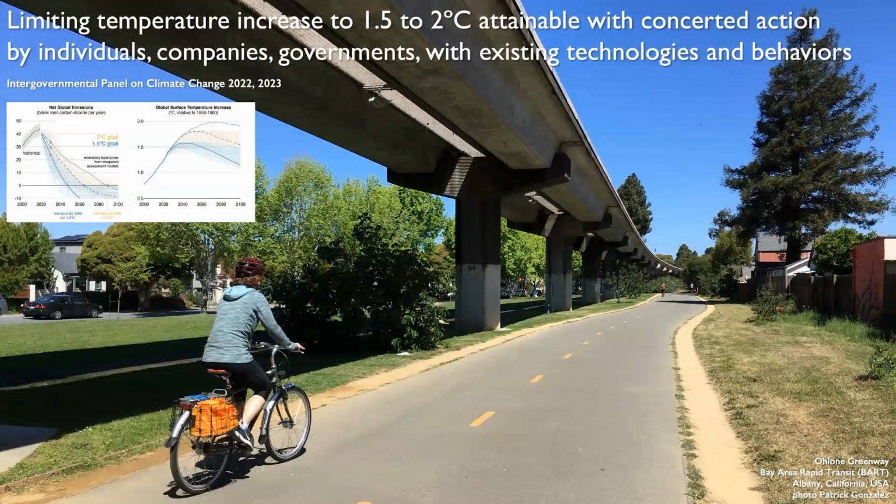And in conclusion, I wanted to point out again a major conclusion of the Intergovernmental Panel on Climate Change is that with existing technology and behaviors and concerted global action at all levels, governments, corporations, and individuals, we can technically meet that 1.5 to 2 degree Celsius limit through sustainability actions of, again, individuals, corporations, and governments that exist today.